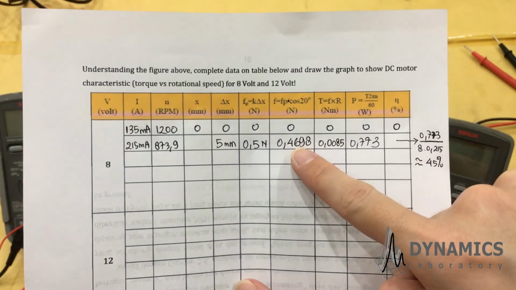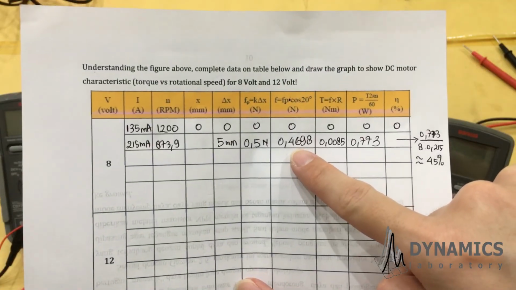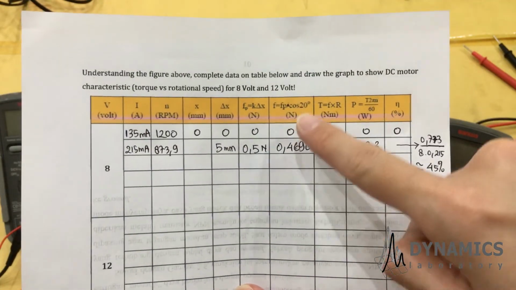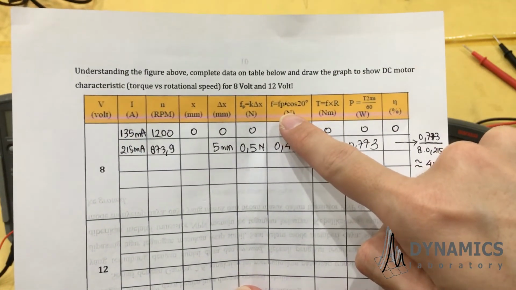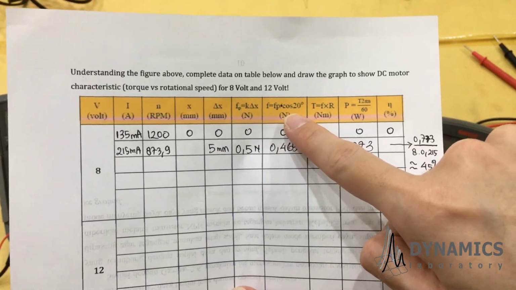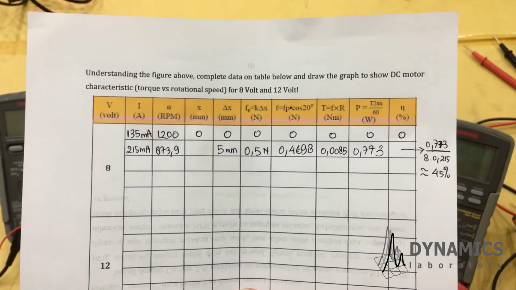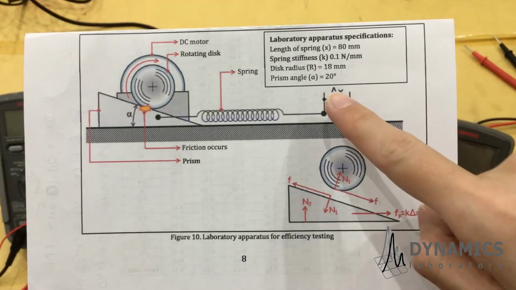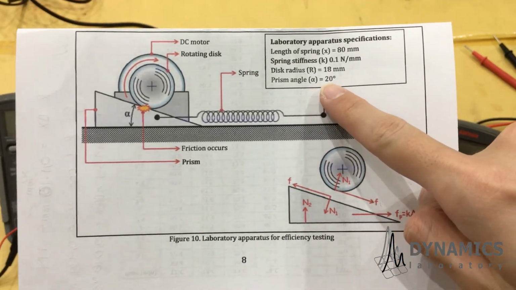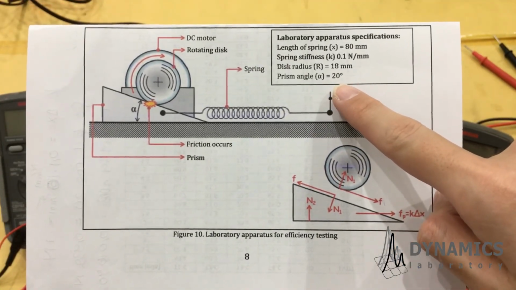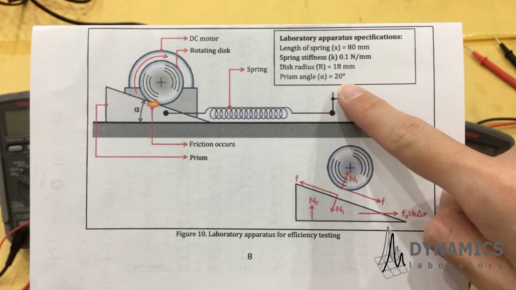And then you can project it to the friction force, Fp multiplied by cos 20, because from the module, you are also given the prism angle of about 20 degrees.